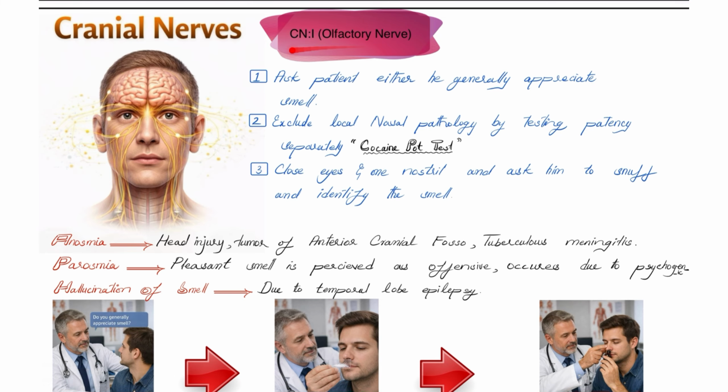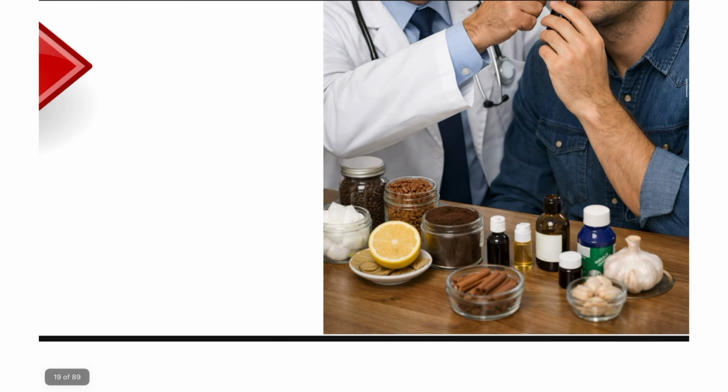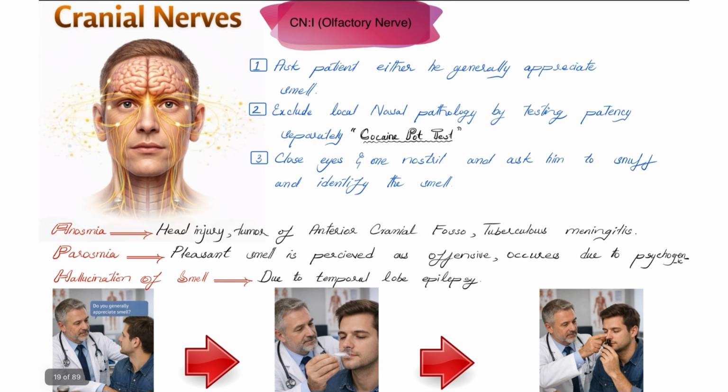We start the examination of the olfactory nerve by asking the patient whether he can appreciate smell or not, and then we exclude local nasal pathology by testing patency of the nostrils separately, and this is also called the cocaine pot test. And then we prepare some items as you see in the image, and we ask the patient to close both eyes and one of his nostrils and sniff the items and identify the smell.